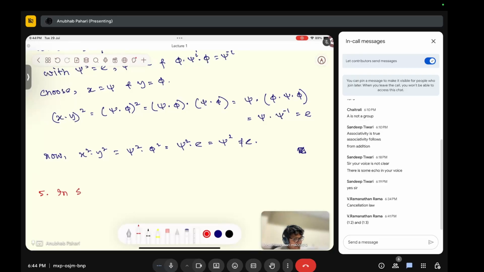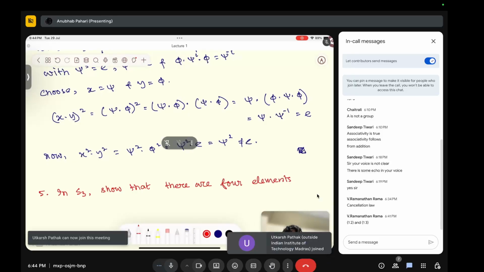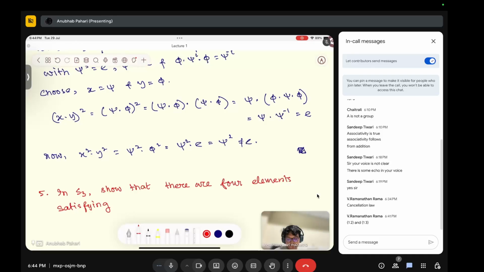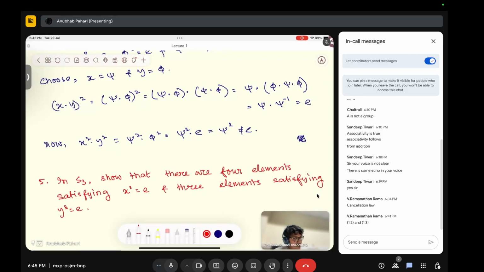In S3, show that there are four elements satisfying x square equals to E and three elements satisfying y cube equals to E.